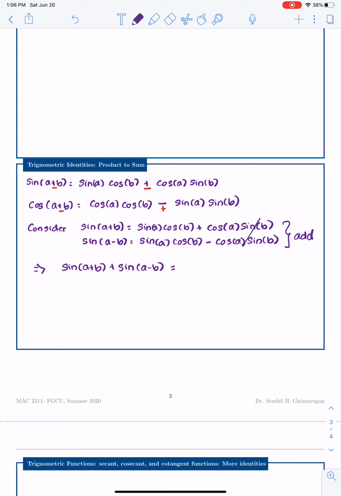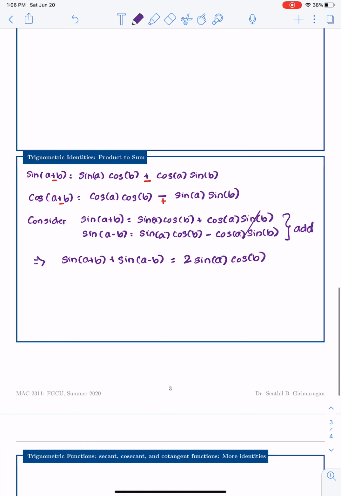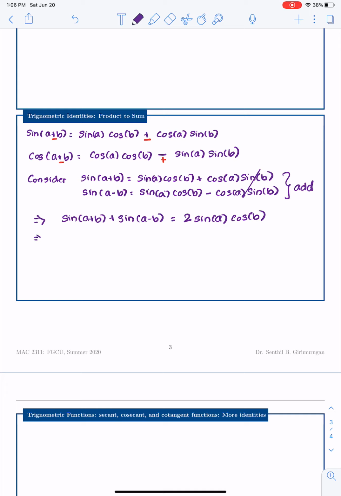And I have sine A cosine B, sine A cosine B. I'm adding them, so I would simply have 2 times sine A cosine B, which would mean sine A cosine B would equal 1 over 2 times sine A plus B plus sine A minus B. So what we have here is a product of sine and cosine, and we've converted that to a sum. Hence the name product to sum identity.